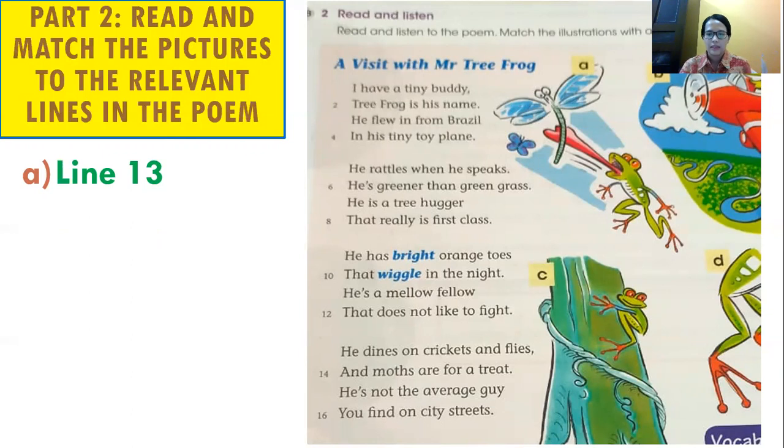Picture B shows him sitting on his tiny toy plane. It is in line 4.